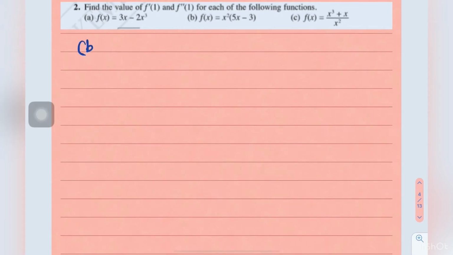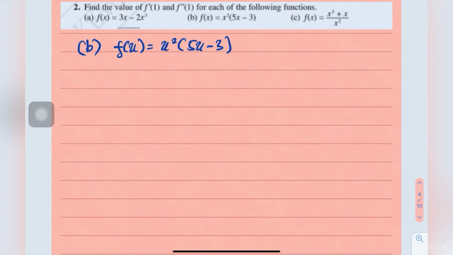B, given f(x) equals x squared times 5x minus 3. For this kind of question, we can use two alternative ways. The first one, you can use the product rule. The second one is actually easier: if you expand, then you differentiate one by one.